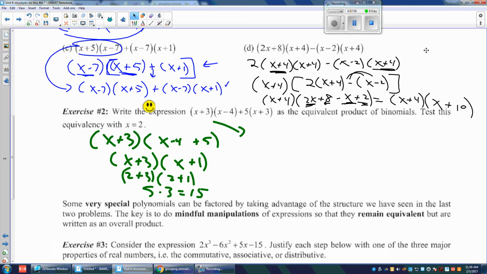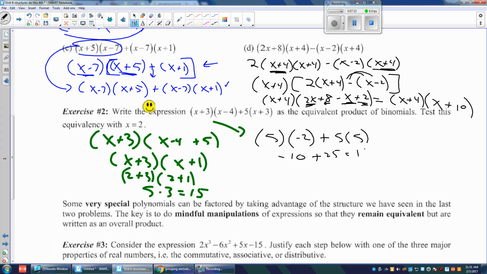Now, I'm just going to do the arithmetic on the original. 2 plus 3 is 5, and then 2 minus 4 is negative 2 plus 5, and then 2 plus 3 is 5, so the whole thing is 25. Negative 10 plus 25 equals 15. It checks.